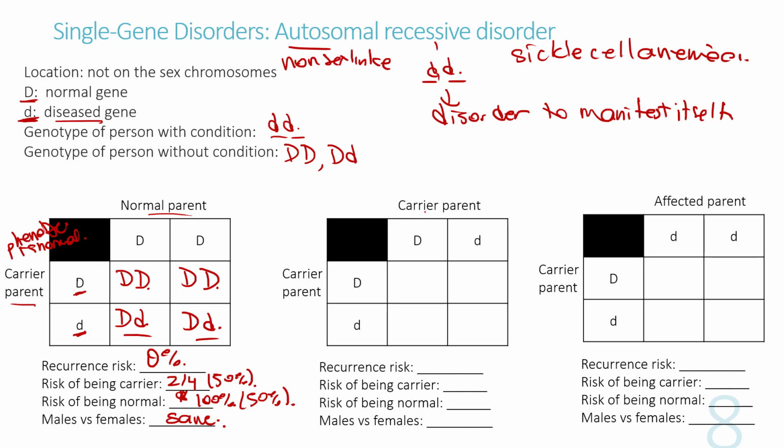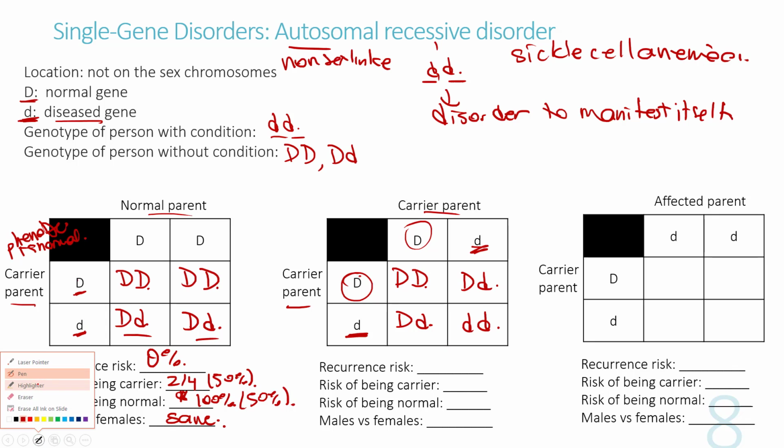If you have a condition where you have 2 carrier parents, so again, this is the affected gene, and this is the normal gene. So let's do this. Okay, so again, when you look at this, the genotype of a person with a condition is this. So 1 out of 4. Right? Recurrence risk is 25%.